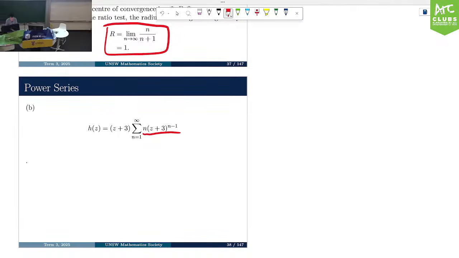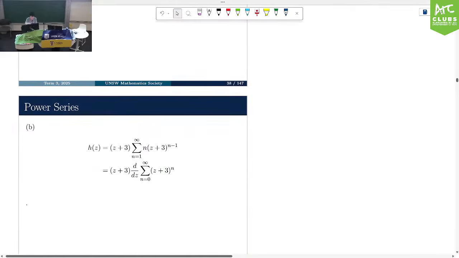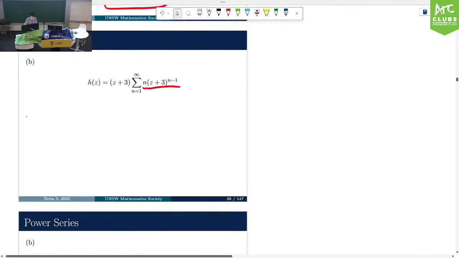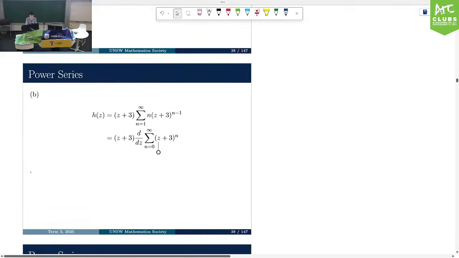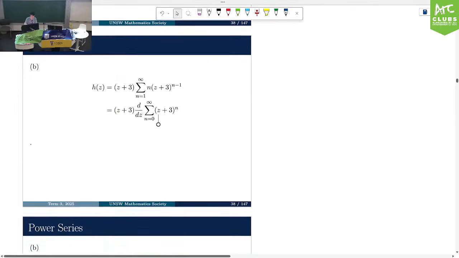The antiderivative, of course, is going to be (z plus 3) to the power of n. And we have this expression over here. And we can pull the d/dz outside because power series can be differentiated term by term.